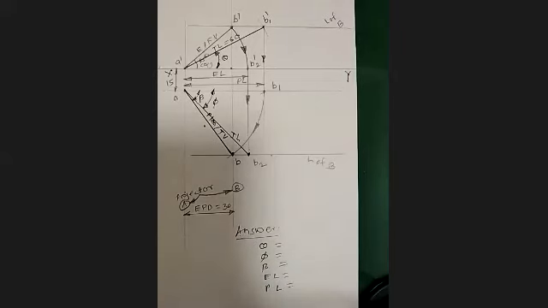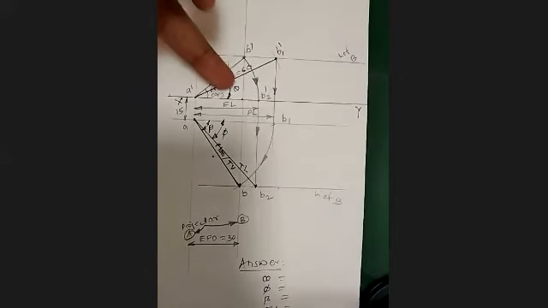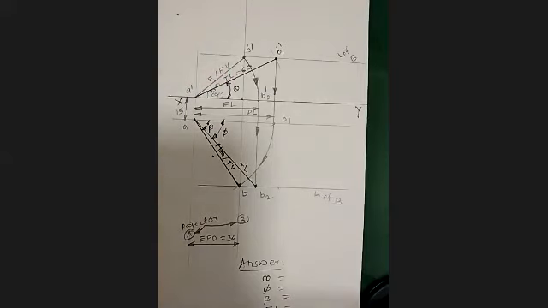The projected distance is already known to you. So the unknowns are these. You just take measurements from this figure and write down the answers. Okay, that's it. And in this way, you'll get the answer complete.